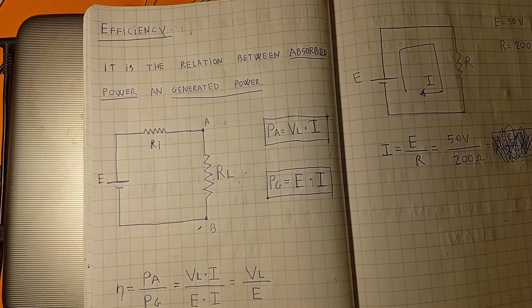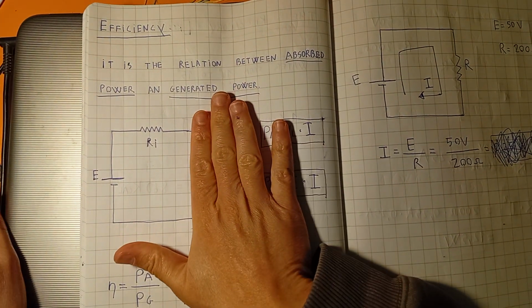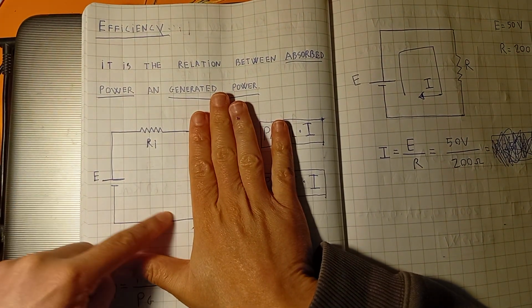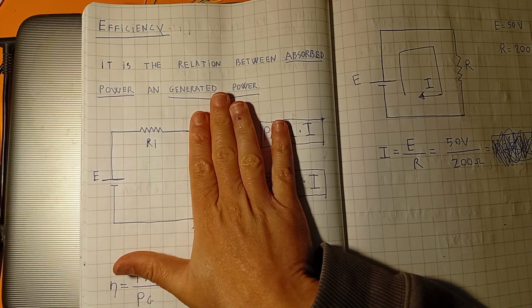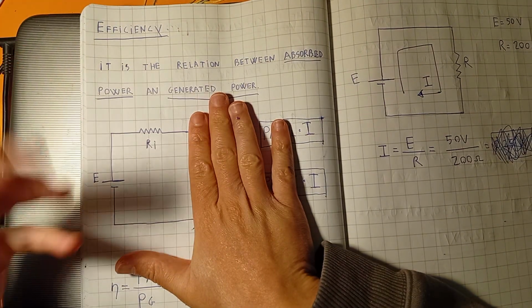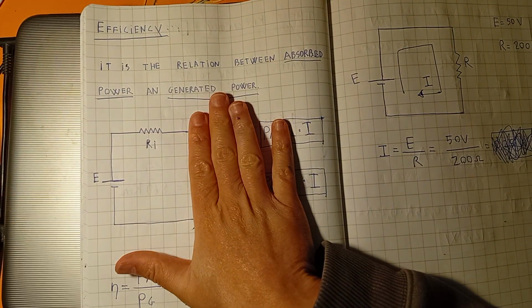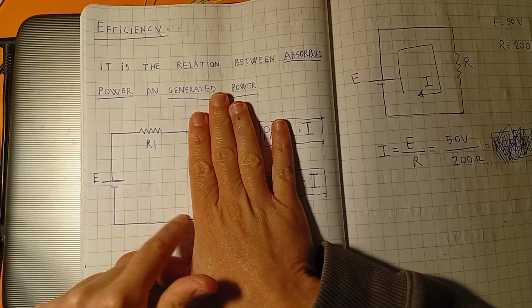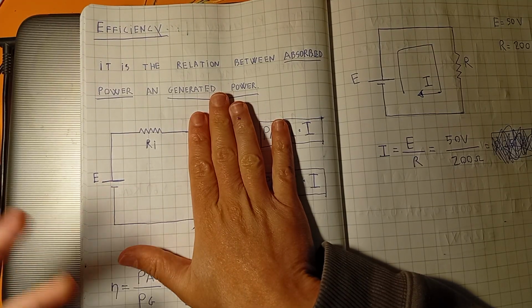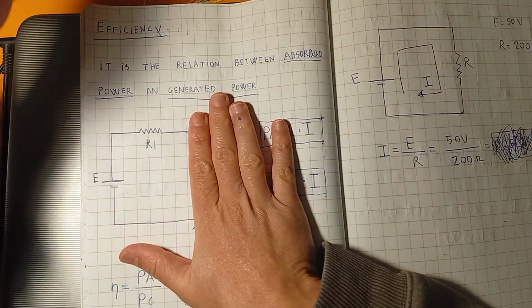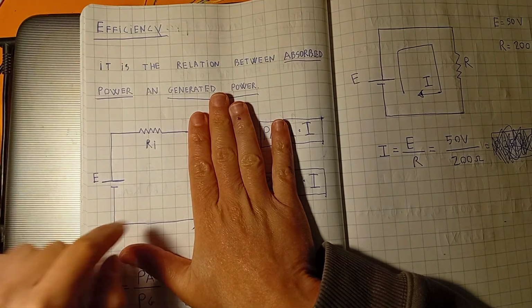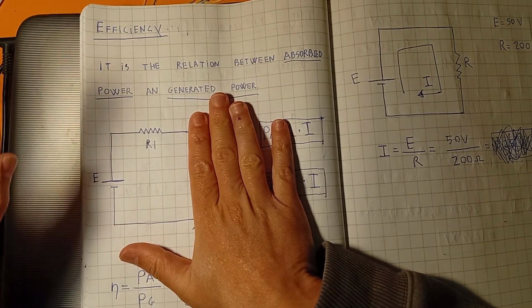And this other part of the circuit is the part that gives energy. This could be a generator, or a generator and some cables that bring energy. This is all the part of the circuit that gives.